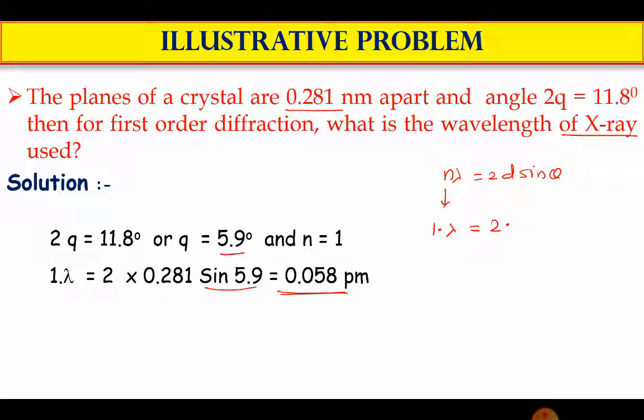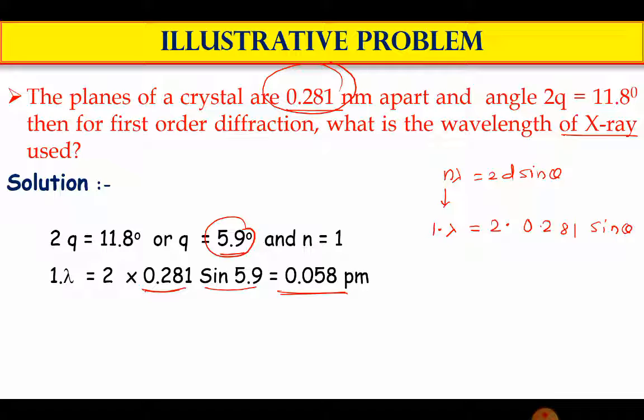So 2 into d, what is d? d is the distance between the planes, which is 0.281. And sin theta, we already have theta equal to 5.9, so sin 5.9.